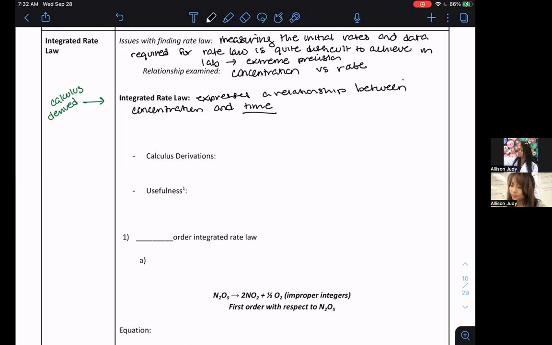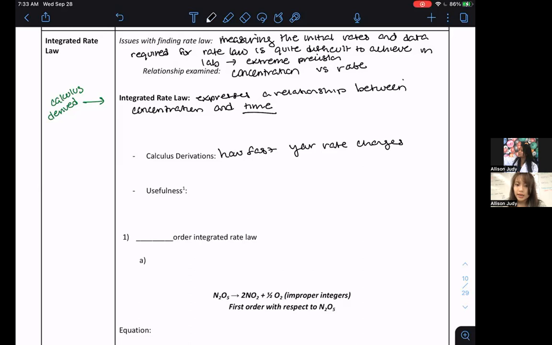And so what we did, by we, I mean better scientists that are mathematically more inclined than me, is that they did a series of calculus and differential derivations on the rate law. And what it allowed us to do is determine how fast your rate changes.